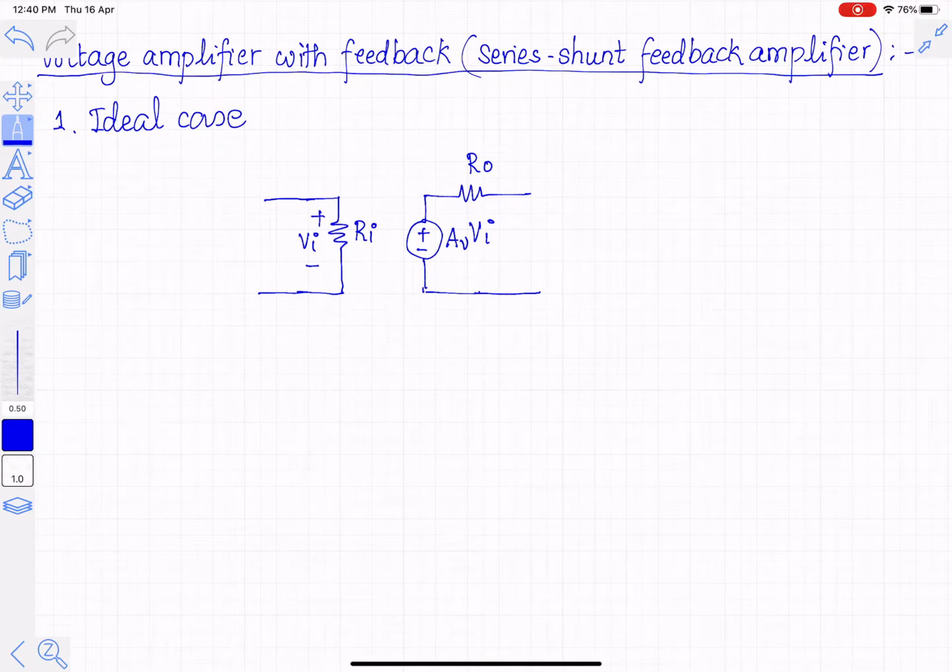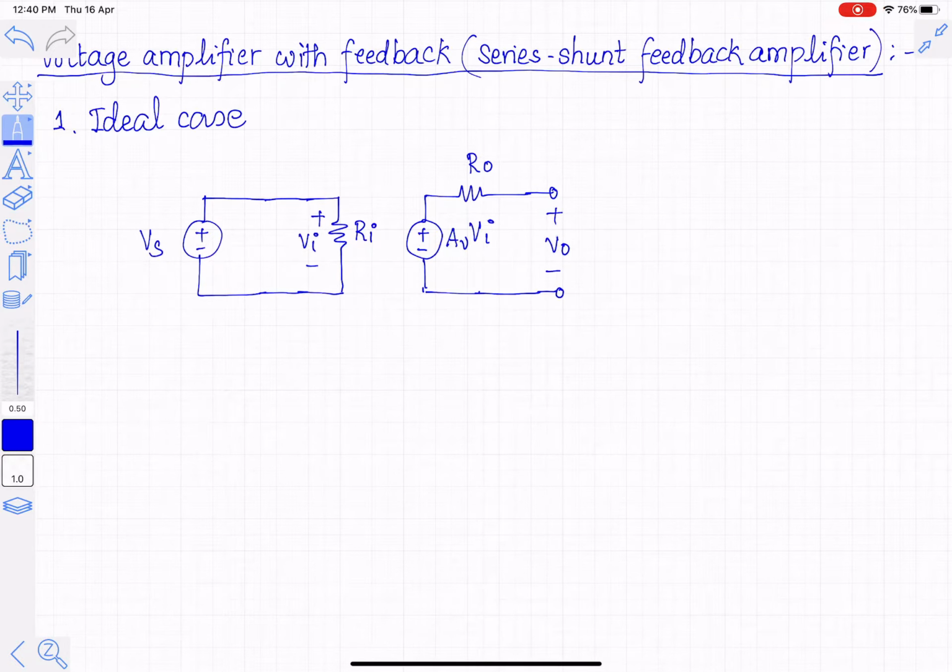Now we can calculate these quantities. Suppose we apply a voltage source Vs at the input of this voltage amplifier, and the output voltage is taken across the open-circuited output terminal. So this output voltage is VO.